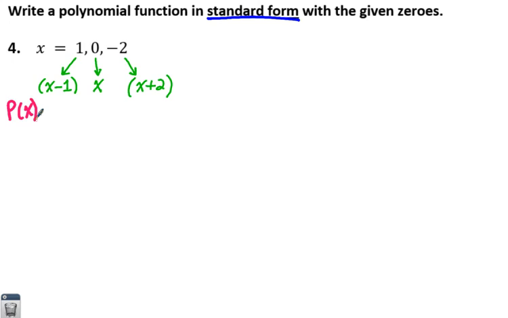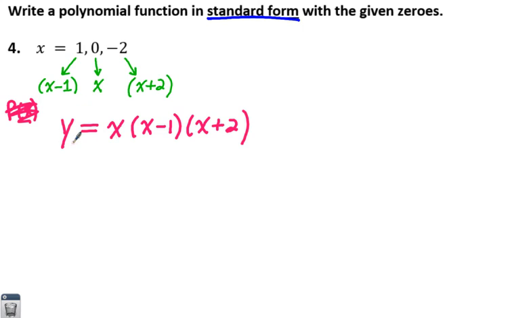I'm just going to use y, and I'm going to put the x factor out in front, kind of like a GCF sort of thing. But I'm going to have to, again, multiply. Hold on a second.